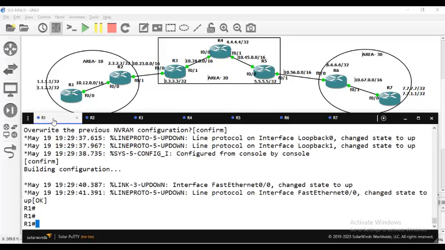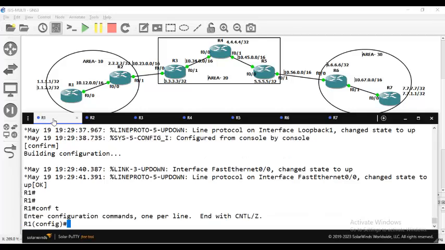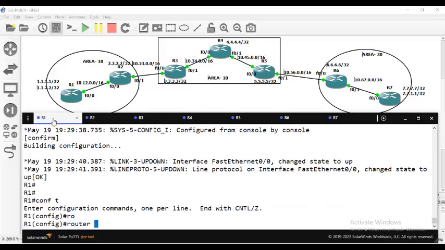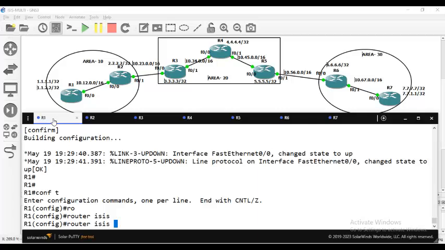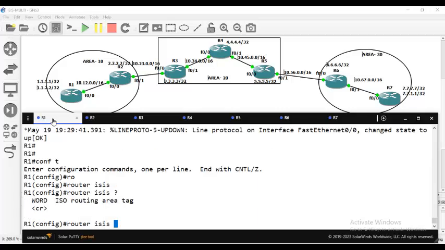Router ISIS, and you can give any word or a number. See, in OSPF you can give only number. In ISIS you can give even a word. I'm going to say ABC. Again, this is locally significant. This ABC no need to match with other router. This is the command net.